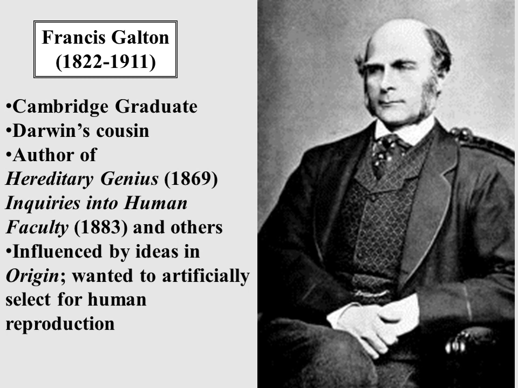He wrote two important eugenic books, Hereditary Genius in 1869 and Inquiries into Human Faculty in 1883, and a number of others that we're not really going to get into. In Hereditary Genius, he essentially attempts to prove that genius and intelligence are hereditary.